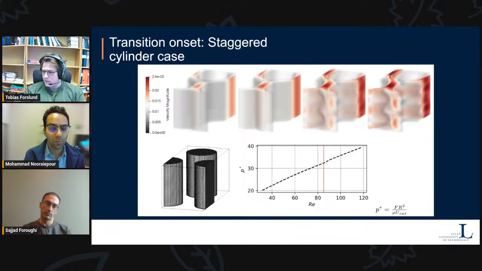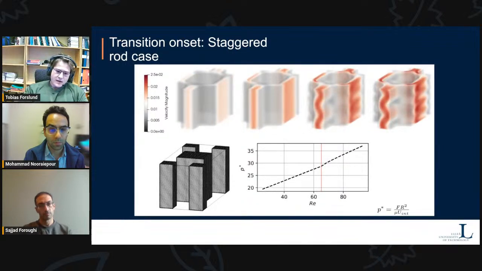This is just something that the flow would do and you wouldn't notice, although other properties of your porous material or porous flow might of course change, such as dispersion. For the staggered rod, we actually see that we have a trend change at the break and the transition onset. So you probably would notice this if you had only a pressure monitor.